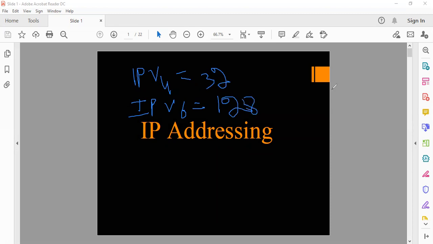It means IP version 4 is 2 raised to power 32, while IP version 6 is 2 raised to power 128. Clear?